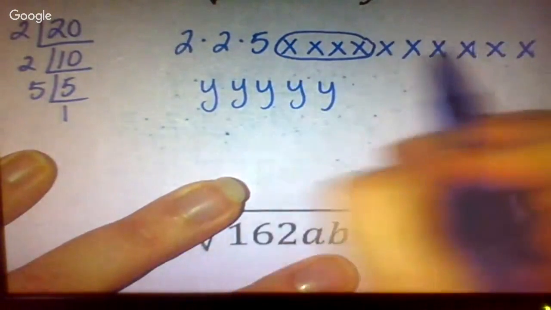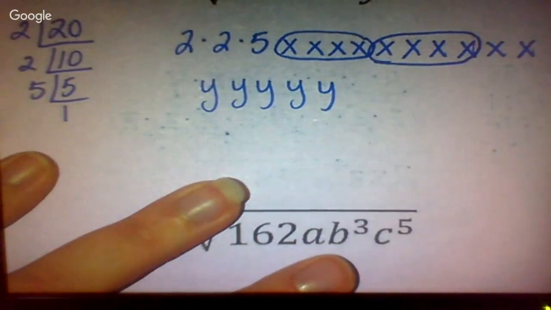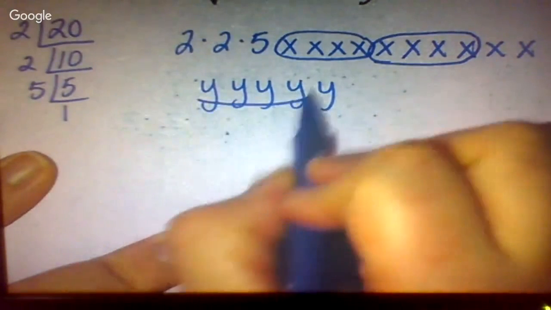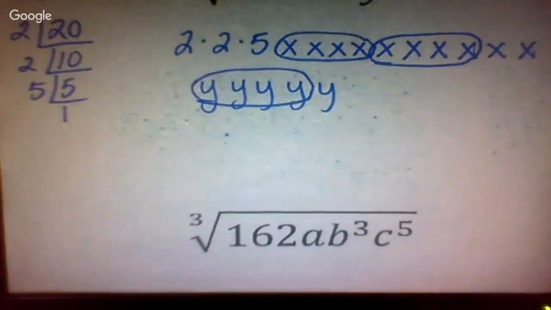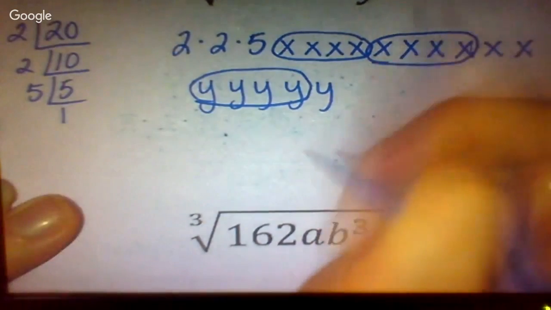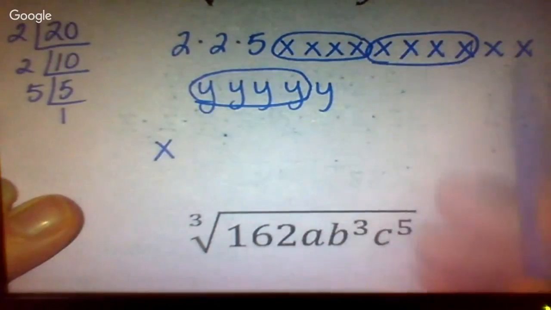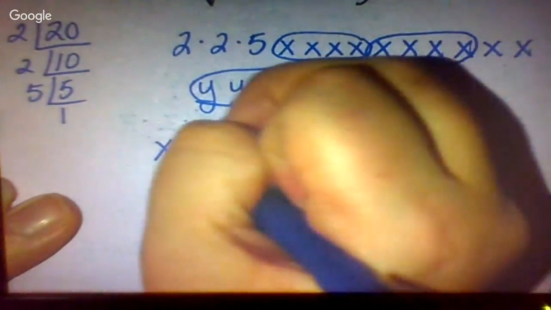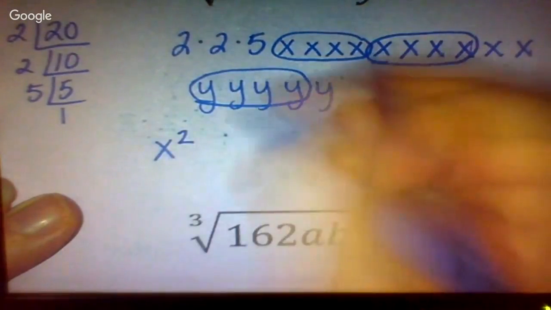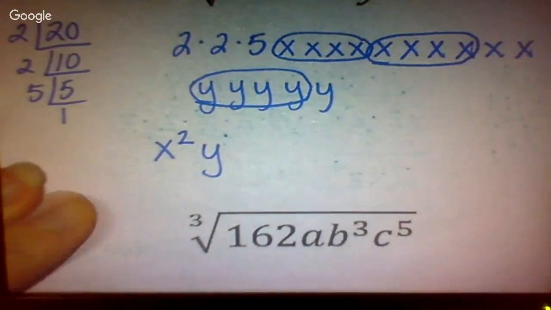But I've got enough X's for 2 groups. And I have enough Y's for 1 group. So this becomes X, and I circled 2 groups. So that's X squared. I then circled a Y, only 1 group, so it's just Y.